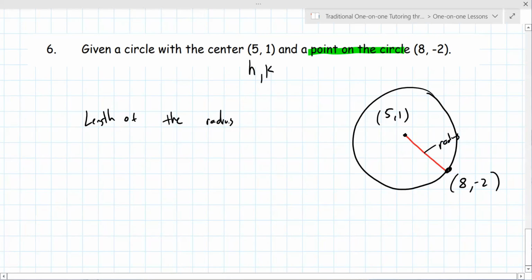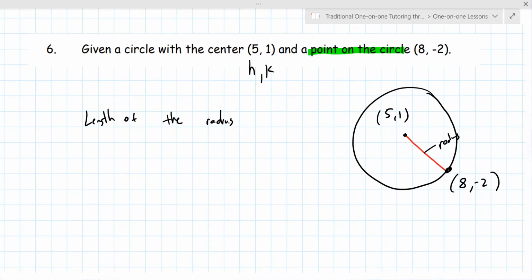Are there any formulas that we have talked about to find the length between 2 points? I'm asking you, the length of the radius. What is the formula that allows you to find the length between 2 points? It's a formula that we've looked at since last summer.